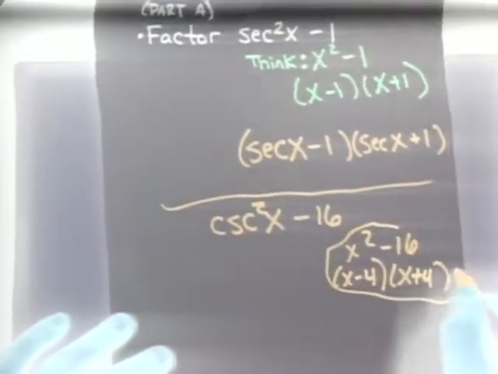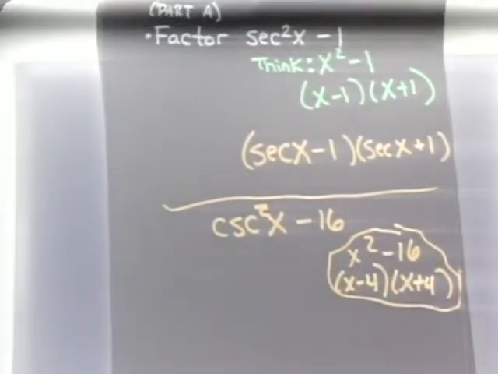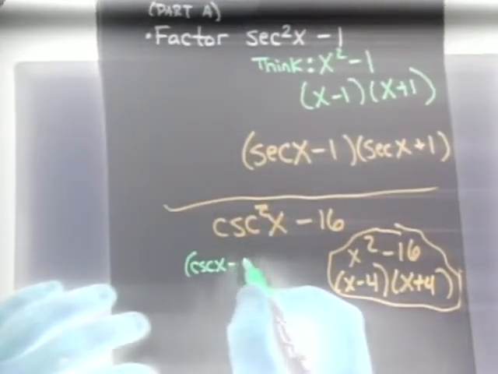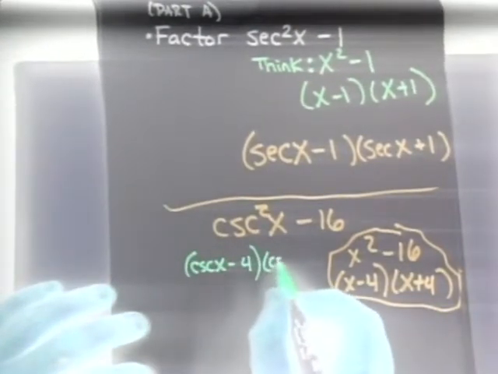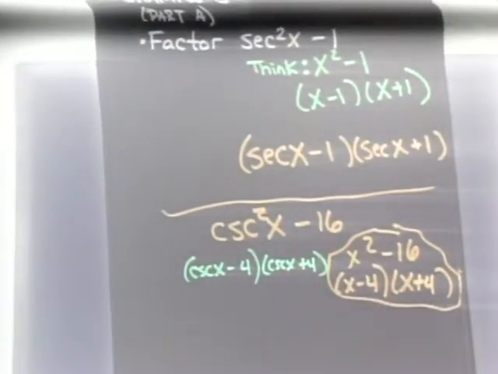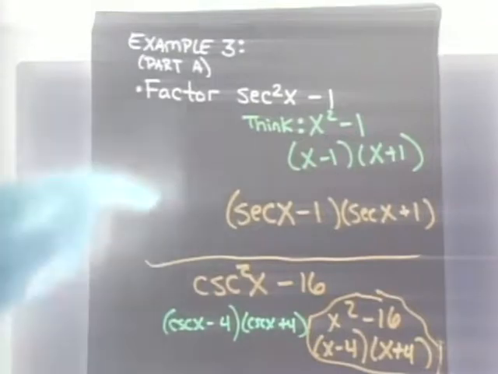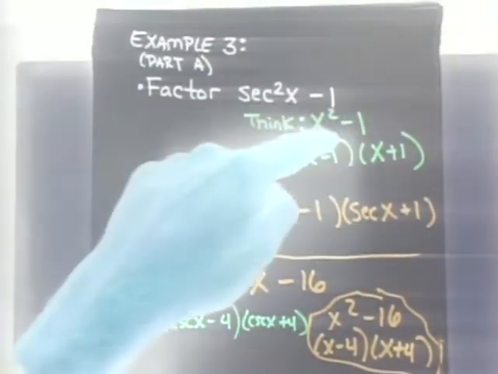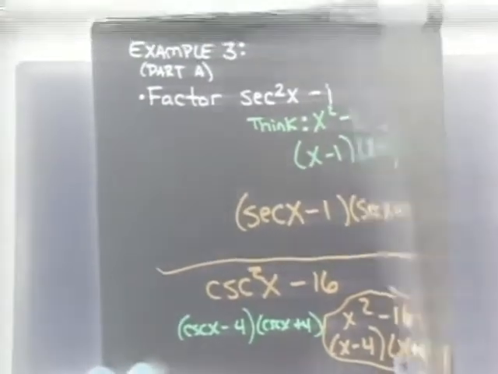Similar to this, except for instead of x squareds, it's CSCs. So cosecant x minus 4, cosecant x plus 4. And that's it. So if you notice that you have a difference of squares, think, okay, this square and that square, so then it just would be the same as x squared minus 1. And it's a pretty simple pattern to follow.